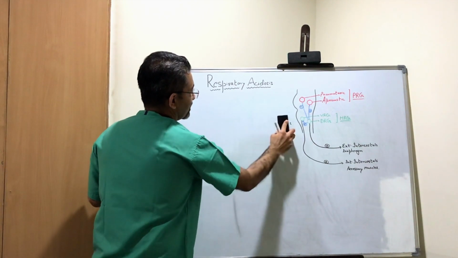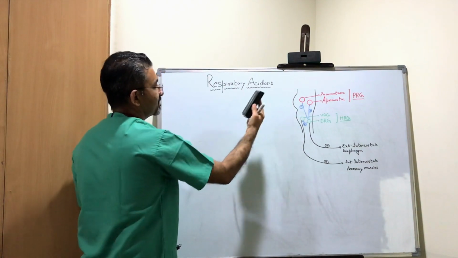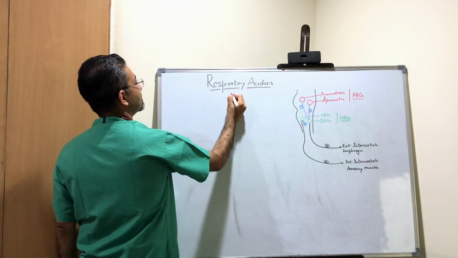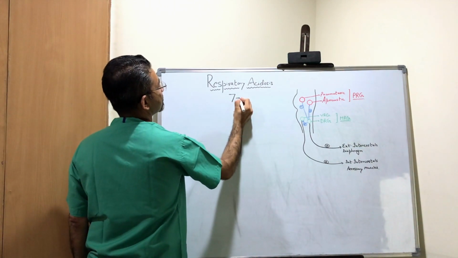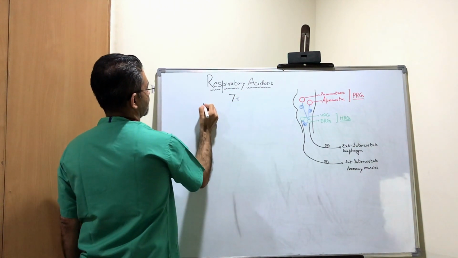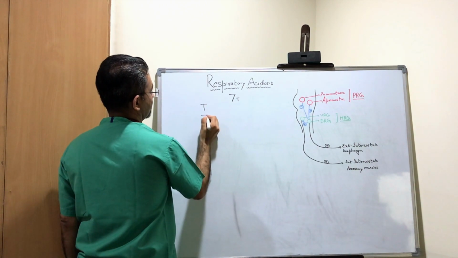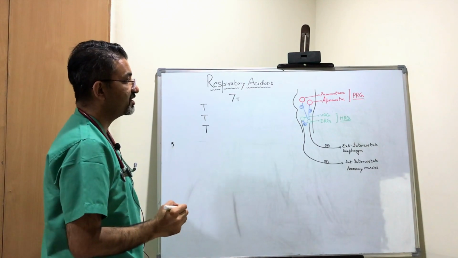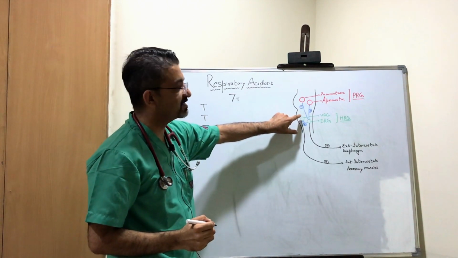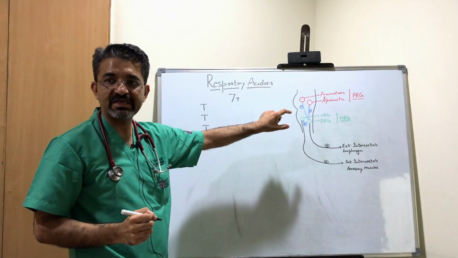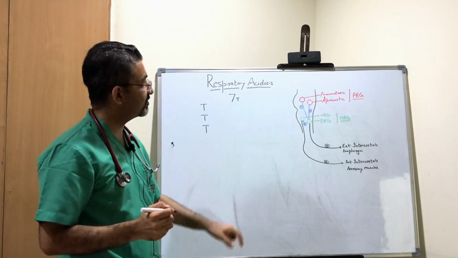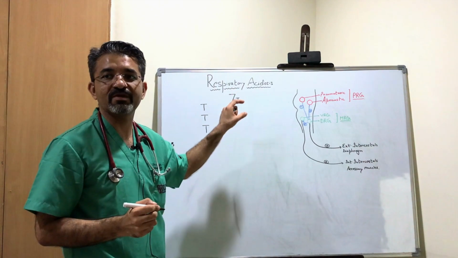So there is a way of remembering the causes of respiratory acidosis, which is known as the 7T formula. 7T. Remember, these centers have to be either stimulated or depressed for having some respiratory problem.